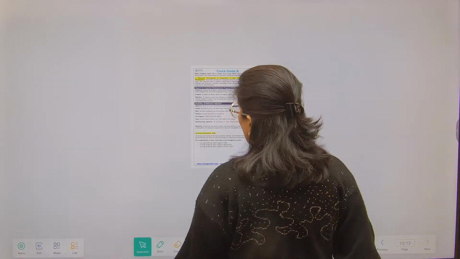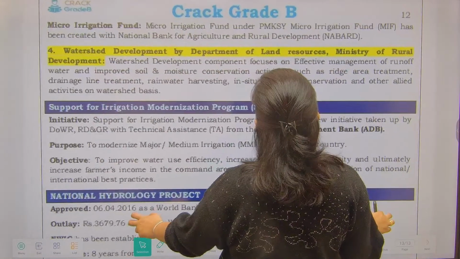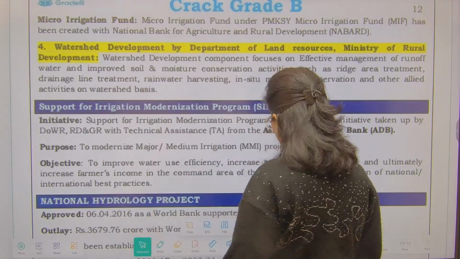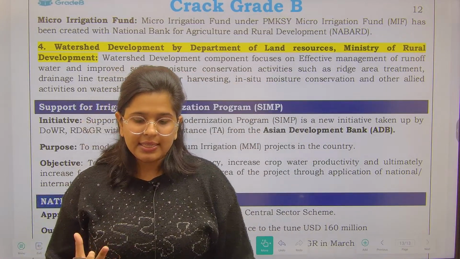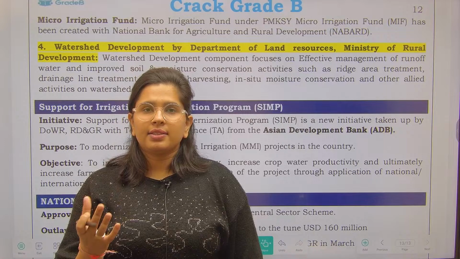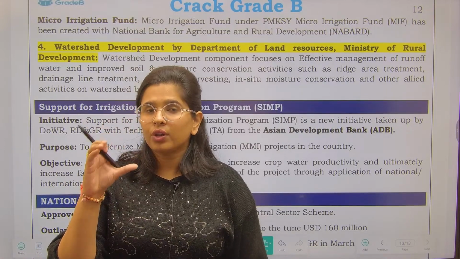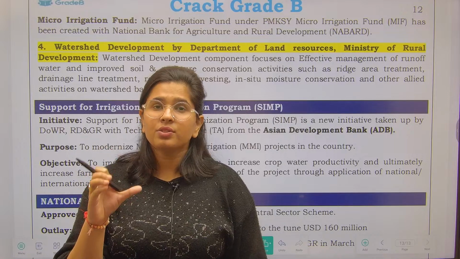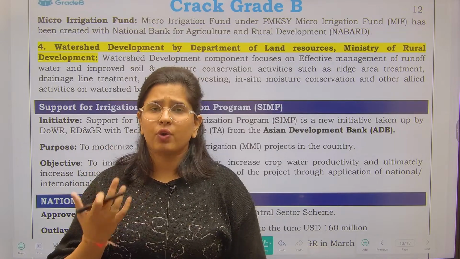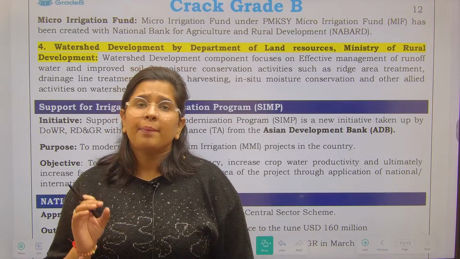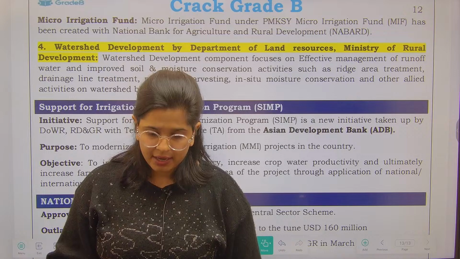And the last component that we have is called watershed development by the Department of Land Resources. So watershed means, see, sometimes we know that there is an origin of a river from where the river flows, right? So that origin, if there is an origin of any major or minor river, is called a watershed as well as a rivershed, depending on the river basin or the size of the river, right?